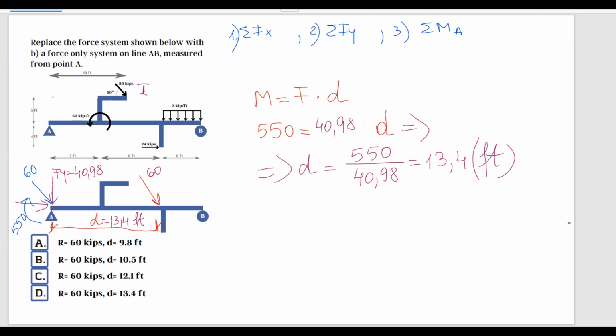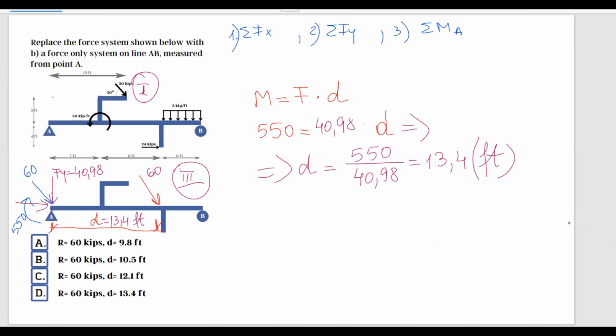This is because the sum of forces in the x direction in both systems are equal, and the sum of forces in the y direction in both systems, this is system 3, are equal. You're going to find that the sum of moment about point A in system number 1 is equal to the sum of moment about point A in system number 3.